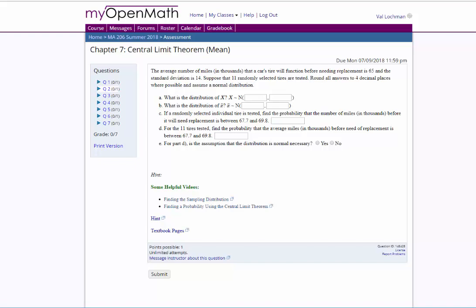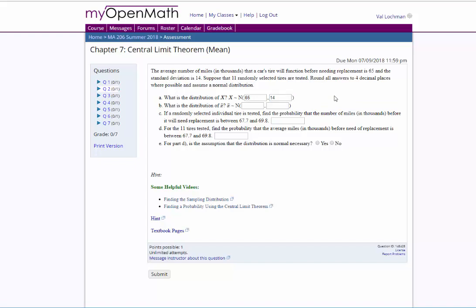So what is the distribution of x? Okay, x represents the average number of miles that a car's tire will function before it needs to be replaced. So that is 65, and the standard deviation is 14.